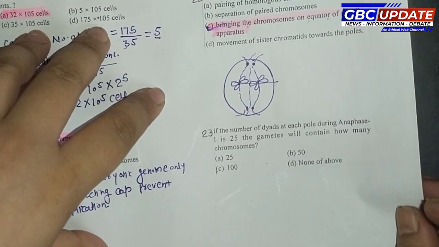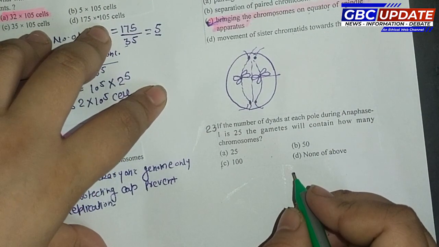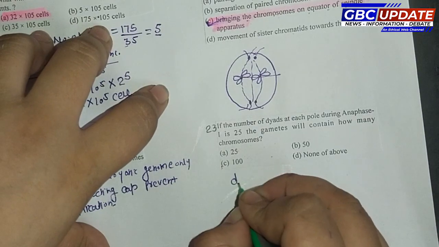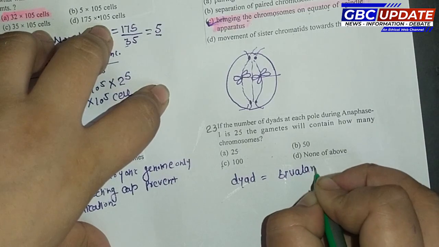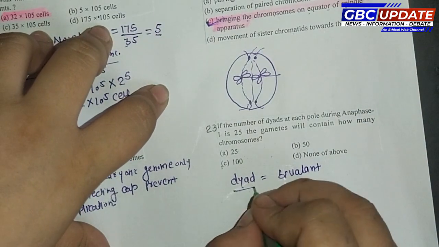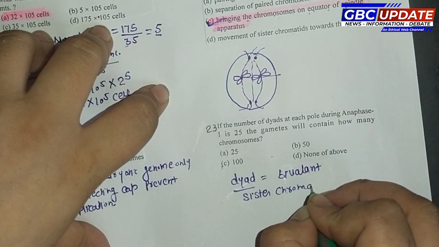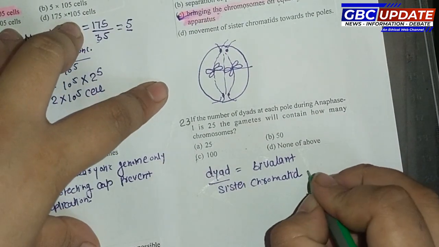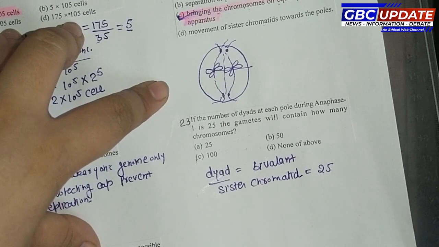Next question is, if the number of dyads at each pole during anaphase 1 is 25, the gamete will contain how many chromosomes? Dyad here is bivalent. So they have talked about sister chromatids. The number of sister chromatids is 25.